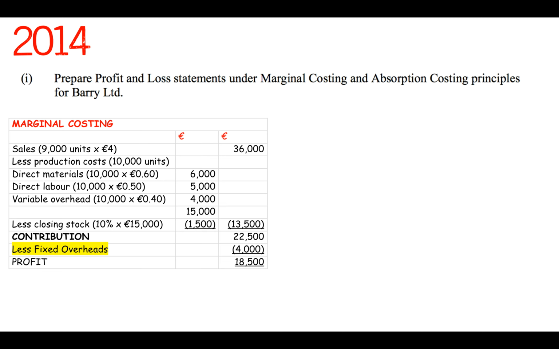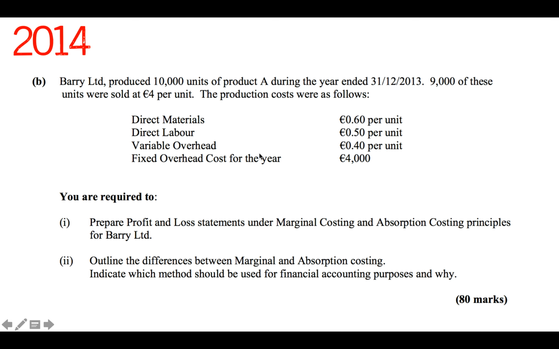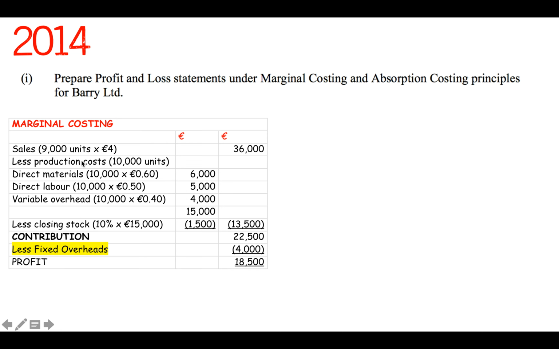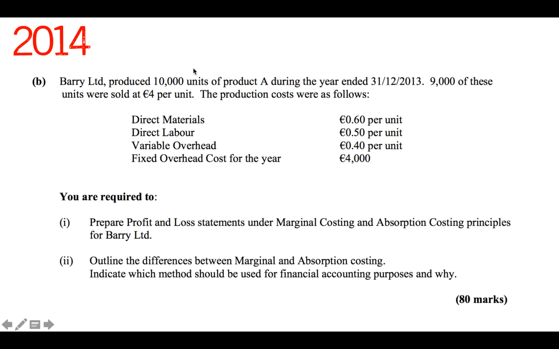So we're separating our fixed and our variable costs out, okay? So you have here your sales, your 36,000 units, okay? And then you have your materials, 60,000 at 9,000 units, less production costs, so 10,000 units. So the sales were 9,000 units, but we produced 10,000, okay? So they produced 10, but they sold 9.